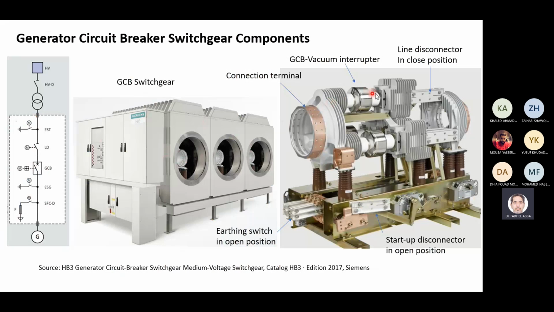This is now the vacuum interrupter. This is the terminal connection of one side, and this is the terminal connection of the other side. This is now the earth switch. If you want to ground from the generator side, you will close this, so this bar will short the line and it will be connected to ground.